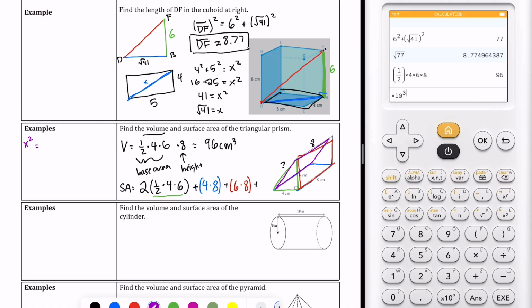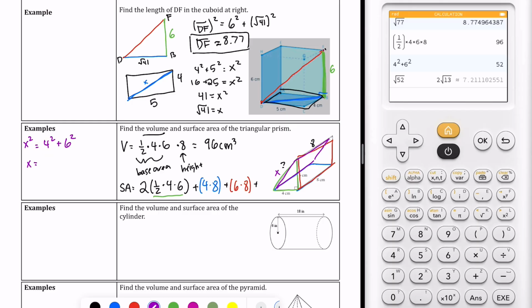So x squared is equal to 4 squared plus 6 squared, and then we square root it, and we get 7.21.